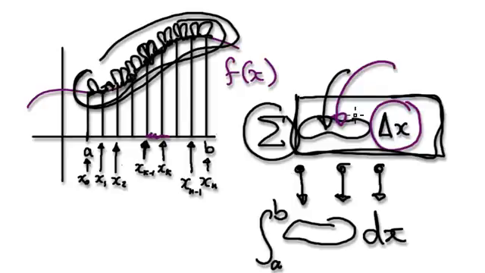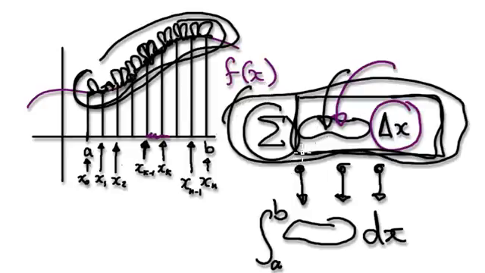I can't really explain it properly, but I hope you can accept that it doesn't always have to be an area. It can be something strange, but you can still jump to the integral. I hope you can grasp that.